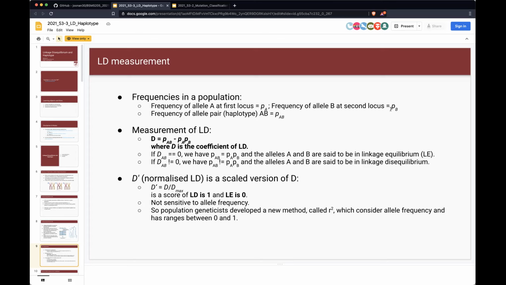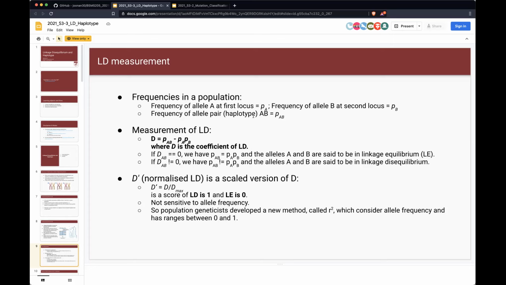So you can assume that these two loci can be linked to each other, and can be subject to the linkage situation. And also, these two allele frequencies are independently measured from each other. And you can also measure the frequency of allele pairs. This time you measure how much they are segregated together in a population, right?